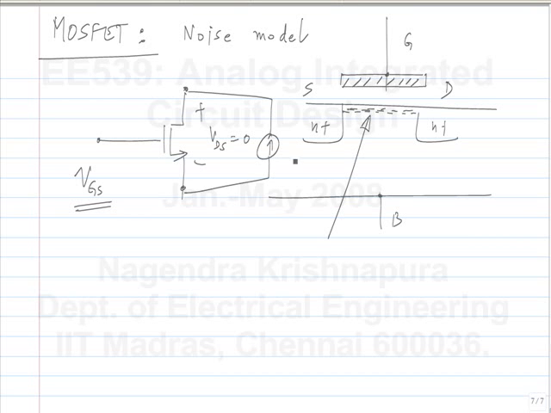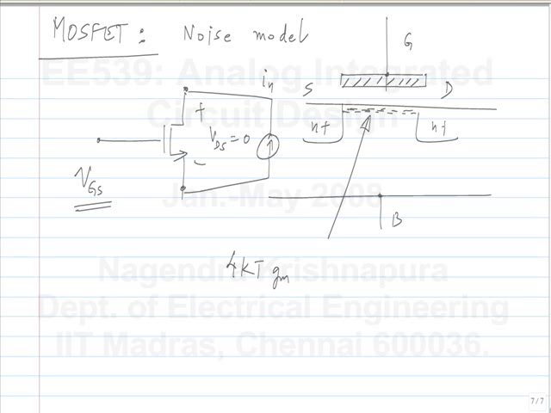Here by value I mean the value of the spectral density. If we make an analogy with the resistor, we will use the result from the resistor also. So what is the spectral density of this current source IN? 4 kT? 4 kT GM.